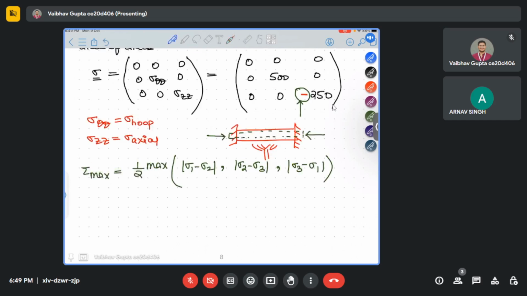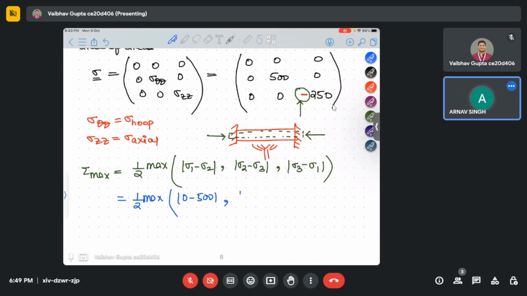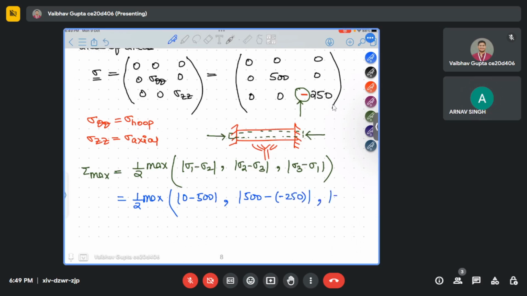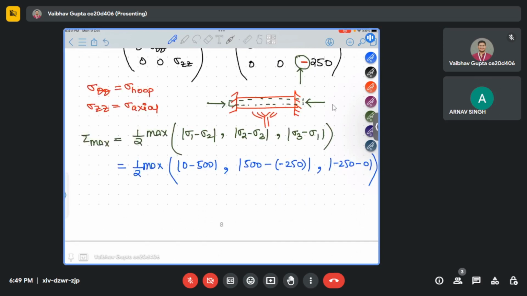So now I'll write half of the max of: what is sigma 1? 0. Sigma 2 is 500, so 500 minus sigma 3, which is minus 250, is 500 minus minus 250, and minus 250 minus 0.